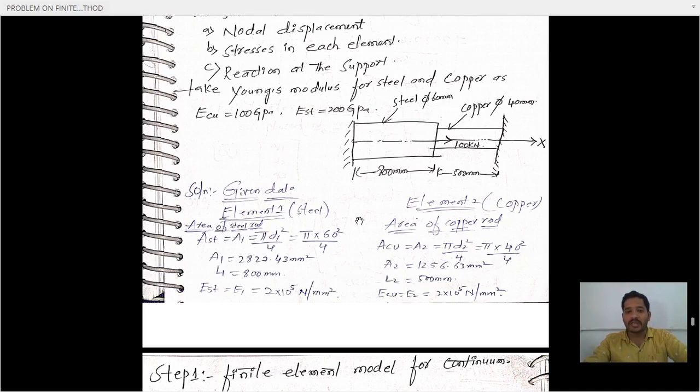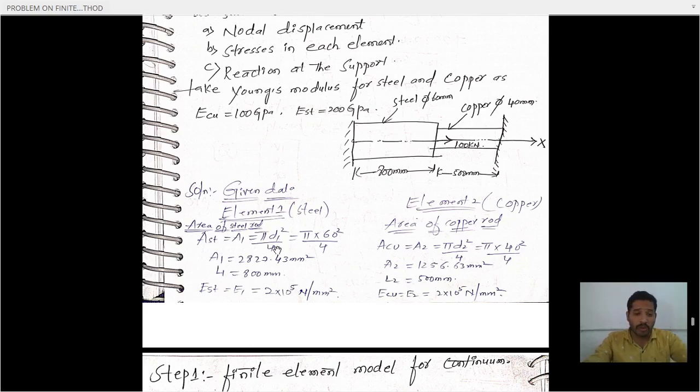We use the formula A1 is equal to pi d1 square by 4, because we are discussing the steel. So the area of the steel is A1 equal to pi d1 square by 4.